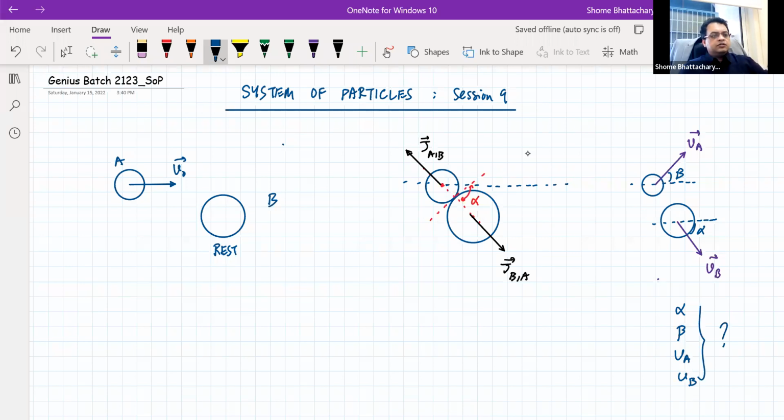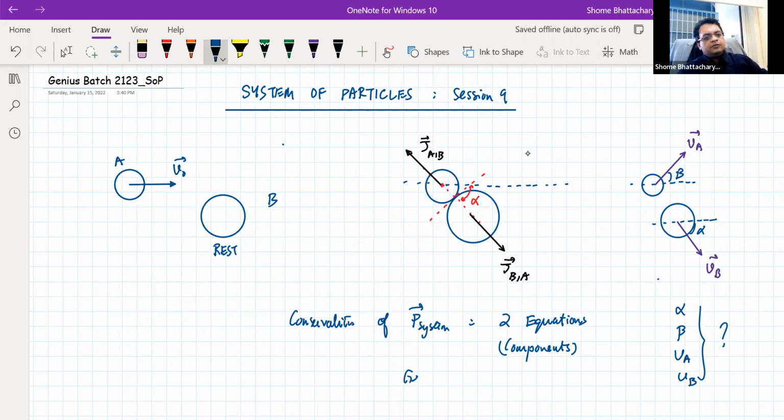So we have conservation of linear momentum for the system. This will give us two equations, because we'll take components. Then some geometrical consideration will give us one additional equation, giving us alpha or beta or something like that.